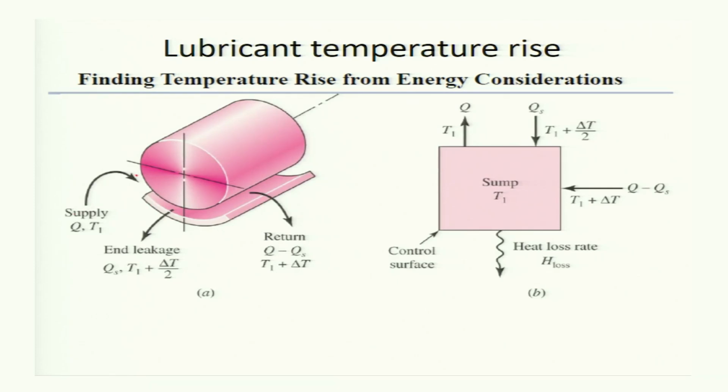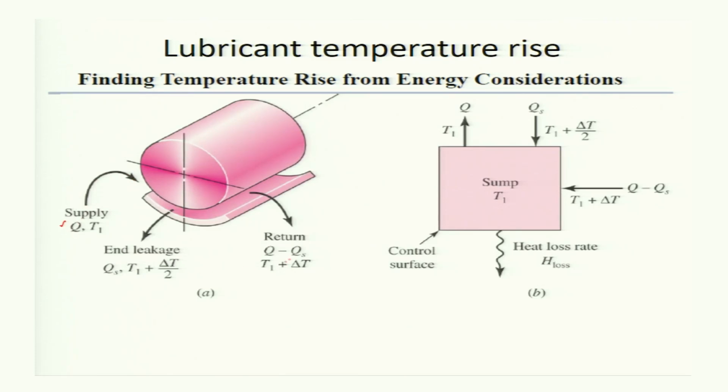The lubricant is supplied at a temperature T1, and it is returning back at a temperature T1 plus delta T, where delta T is the rise in temperature of the lubricant when it is flowing through the clearance space. And the total supply of the lubricant in the clearance space is Q.